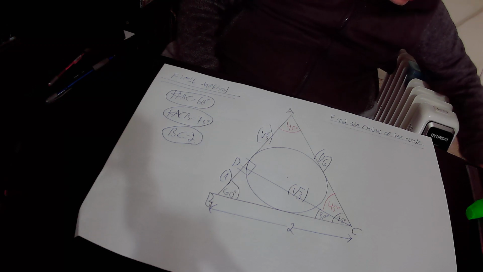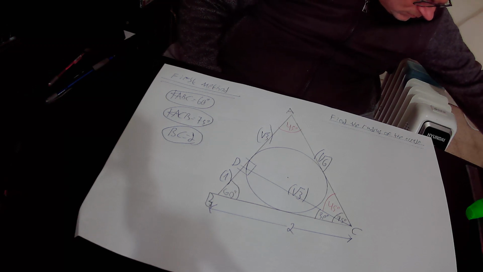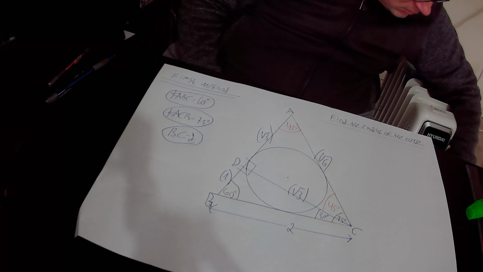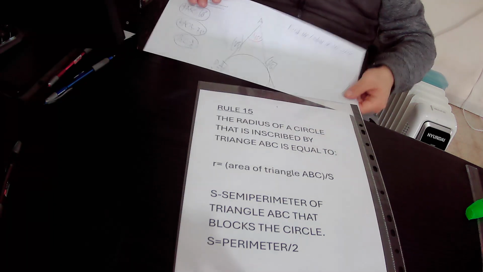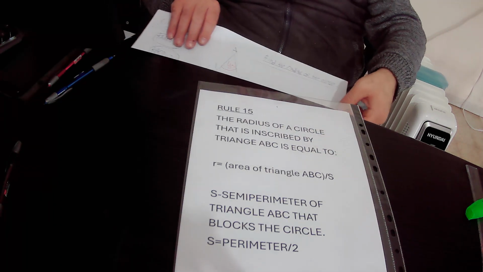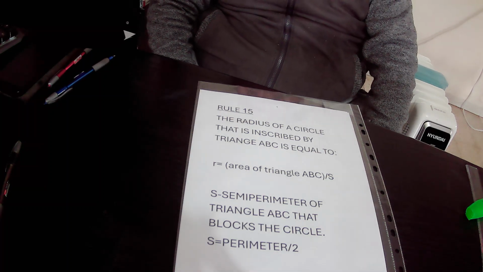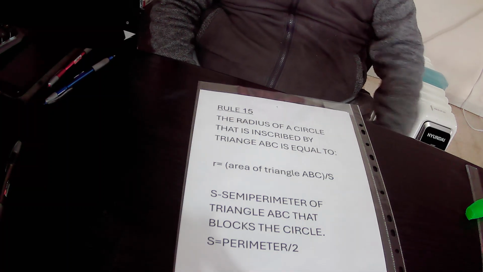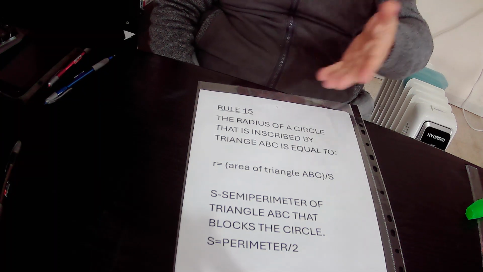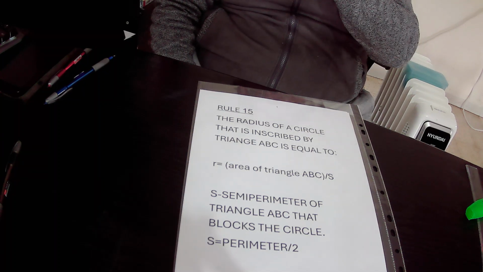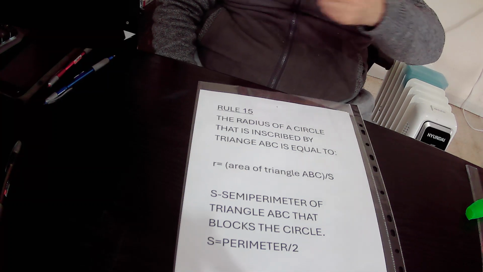According to rule number 15, the radius of a circle that is inscribed by triangle ABC equals R. The radius R equals the area of triangle ABC that blocks the circle over the semi-perimeter of the same triangle. The semi-perimeter is S, and the semi-perimeter of any triangle equals the perimeter over 2.